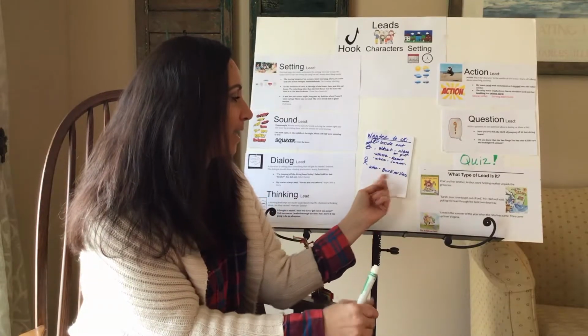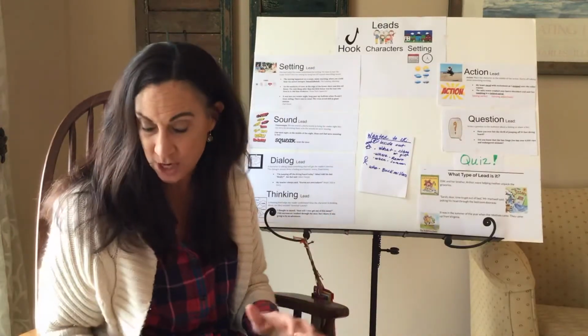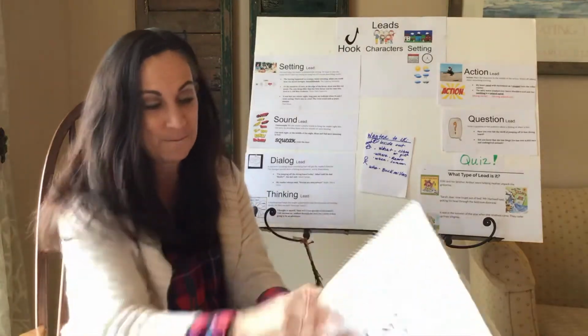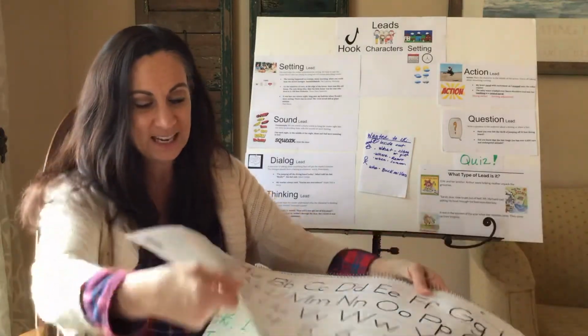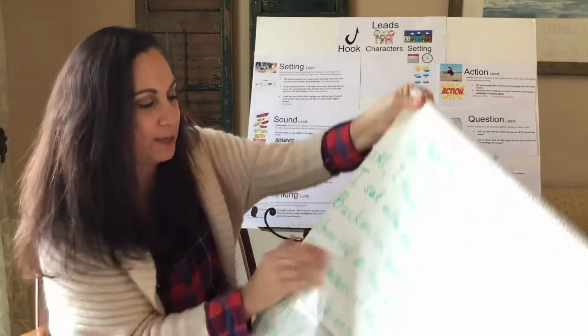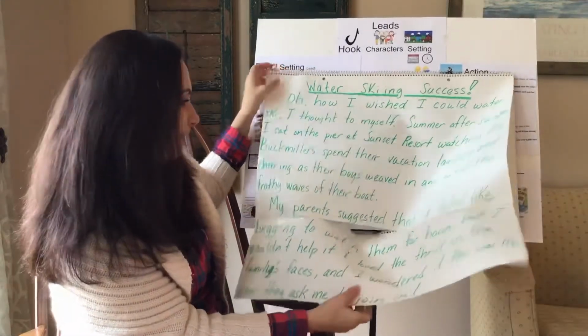And then I also planned who was going to be on the very first page. So let me show you the lead I came up with. And I hope that I'm hooking you right away and really making you feel what I was feeling and see what I was seeing.